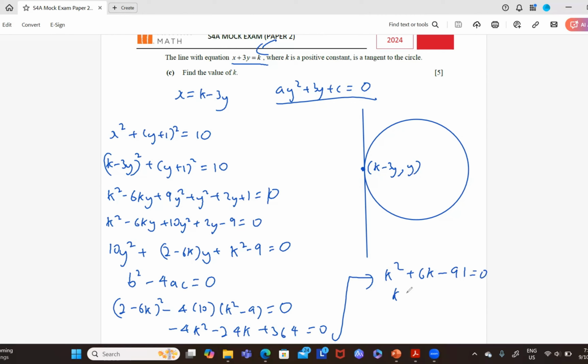Factorize this: (k plus 13)(k minus 7) equals 0. So therefore, k equals minus 13 or k equals 7. Since k is a positive constant, we simply reject minus 13 and we accept 7 as the answer.